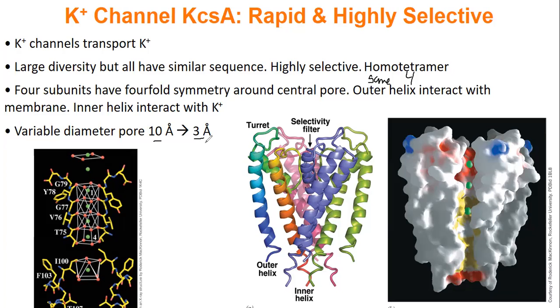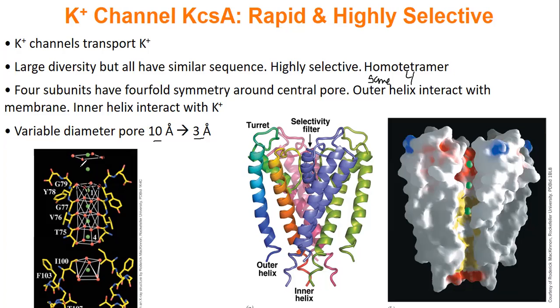And basically, how this works is that you have a bunch of oxygens. That's what all these red dots are, right? You have a bunch of oxygens surrounding the pore. And only potassium has the right size to interact with these oxygens, right?